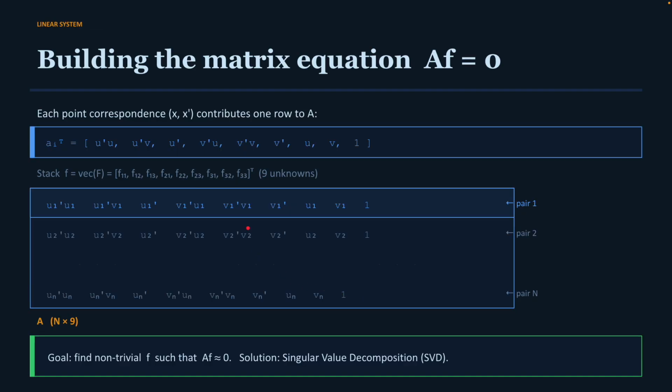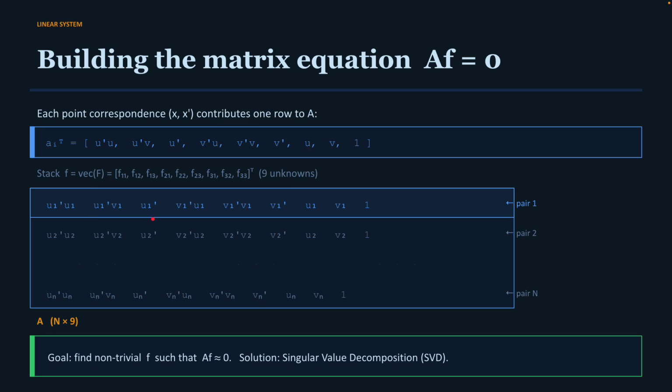So here's how we set it up. Each point correspondence gives us one row in a matrix A. The row is just the products of the known coordinates in a specific order: u prime u, u prime v, u prime, v prime u, v prime v, v prime, u, v, and 1. We stack the 9 entries of F into a single vector f. Then the epipolar constraint for each pair becomes a dot product.